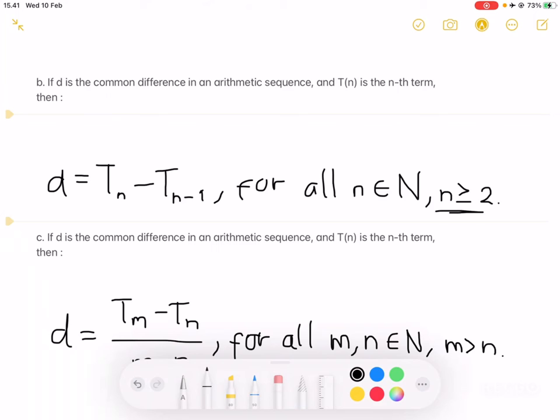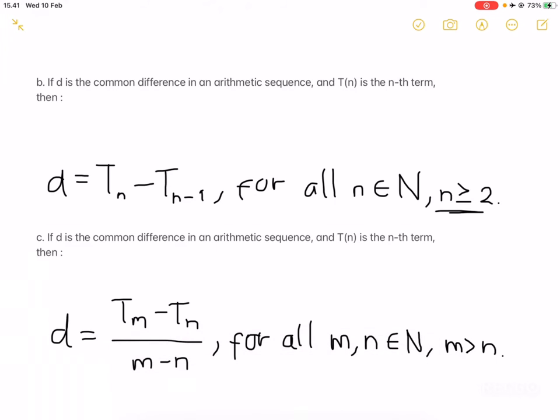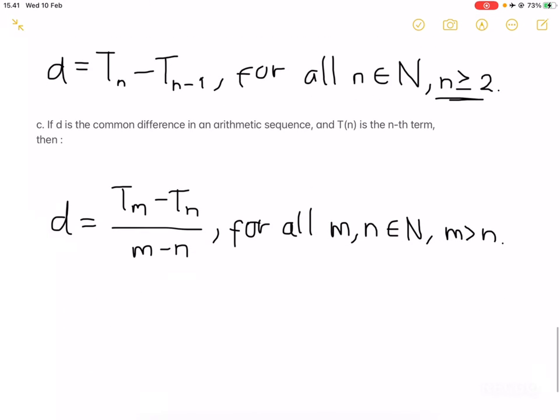And c is the expansion of b right here. So we get something a little bit more complex. So d equals the mth term minus the nth term, and this is over m minus n, and this applies for all m and n in the natural numbers with the criteria m must be greater than n.